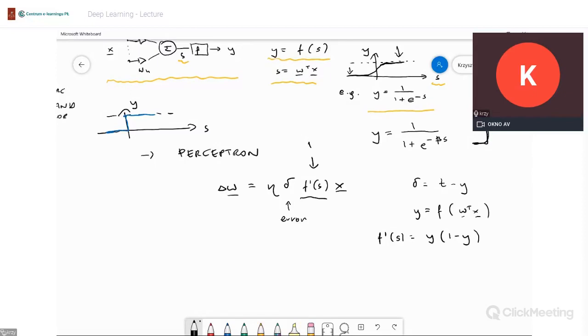And this logistic function is a function that transforms real values. So S belongs to real numbers, and I'm transforming this within an interval 0, 1. This is the logistic nonlinearity or logistic activation function.